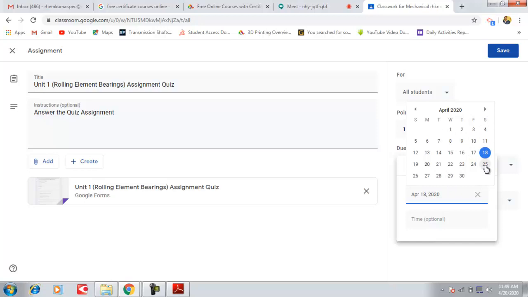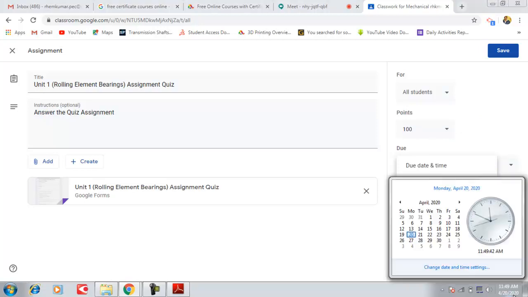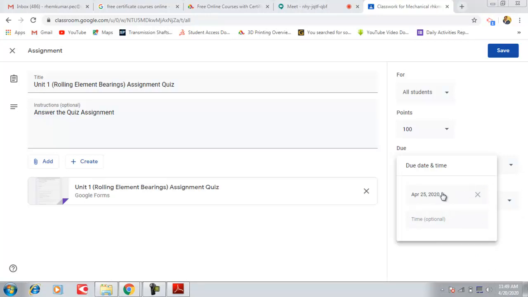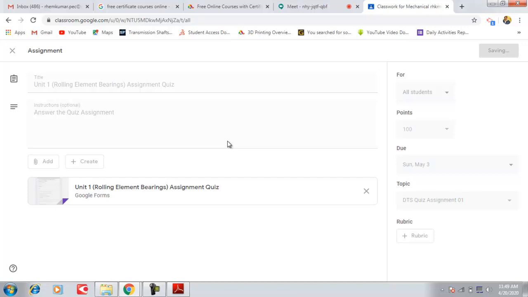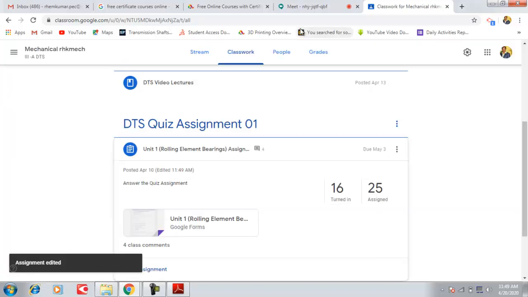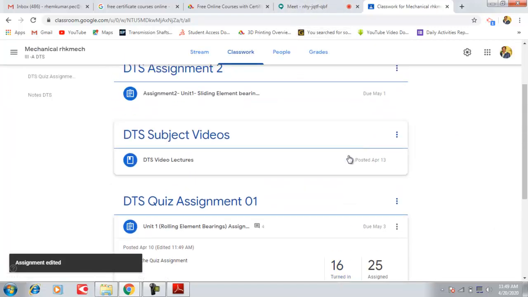I will change it to 25th, that is this week Sunday. I give you the last date, Saturday. Also, I will give you till 3rd. Till 3rd, I have changed the last date to submit. I want you all to submit these 2 assignments. Okay.